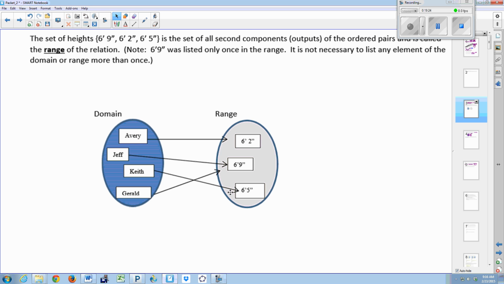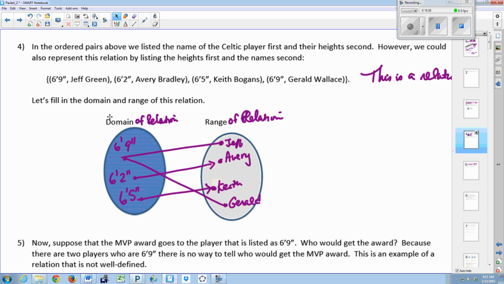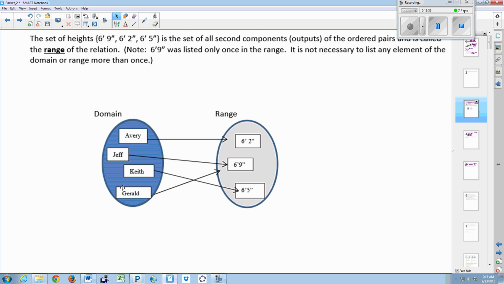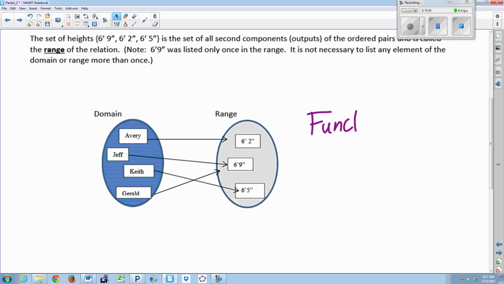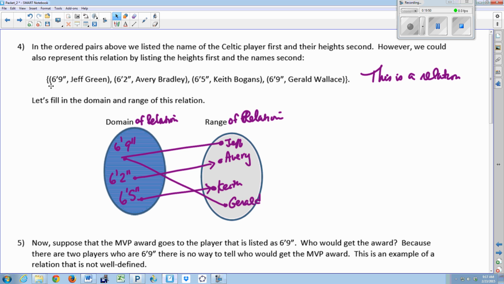But when we reversed it and put the heights first, that's when we ran into trouble. This is not a function. This is a function. So in this particular relation, the way the ordered pairs are arranged here, this is a function, because each input has 1 and only 1 output, but when we reverse it, it doesn't go the other way around. This is just a relation. It's not a function.